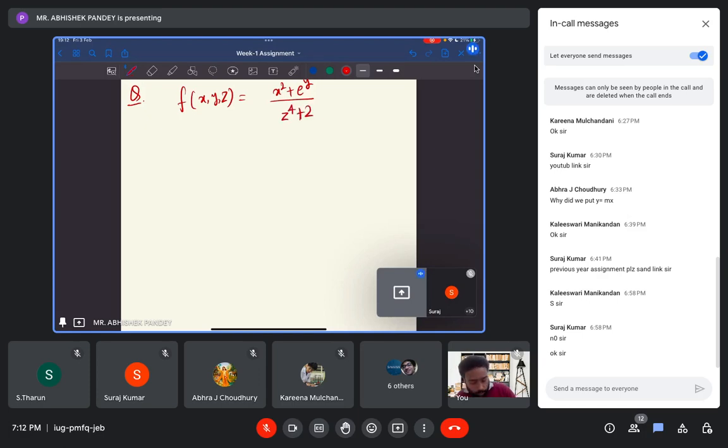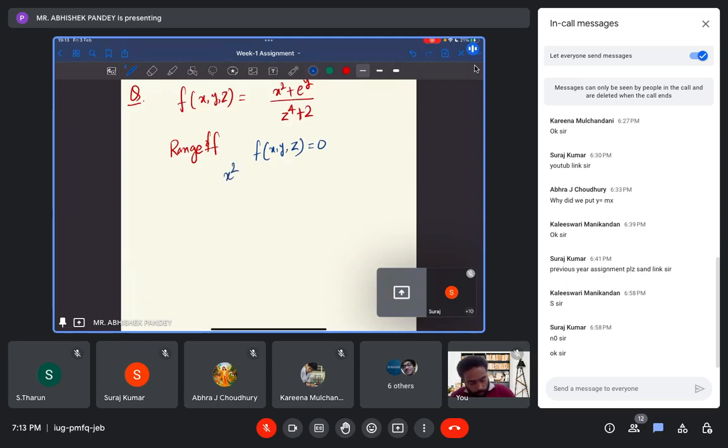We have to find the range of f. Okay. So first let us see whether this function attains 0 or not. For this function to be 0, we need f of x comma y comma z equal to 0.